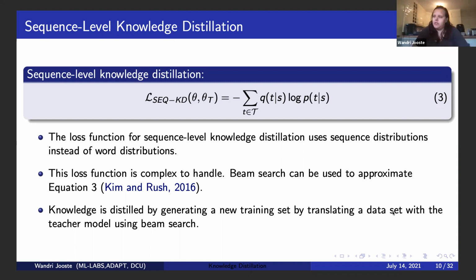But because we have the distribution that's been learned by a teacher, we can just use the mode of that distribution for sequences. There are so many sequences, but by using beam search, you can approximate that mode and then finally use that function. So basically, knowledge is distilled by generating a new training set, by translating a training set with a teacher model using beam search.